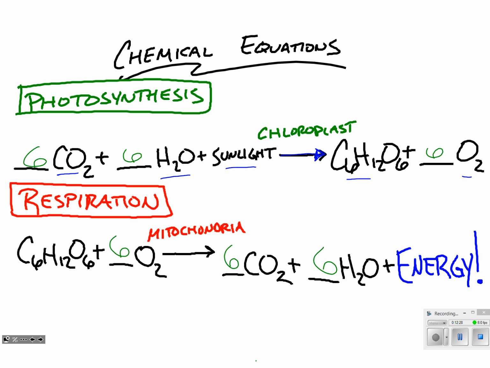This is just like a math equation that shows the chemicals involved in this process. Carbon dioxide and water makes sugar and oxygen. And then the flip of that is respiration. We have sugar taken in, oxygen taken in, and then it releases carbon dioxide, water, and energy that's used inside the cell. So again, you need to make sure you add that to your notes somewhere too.